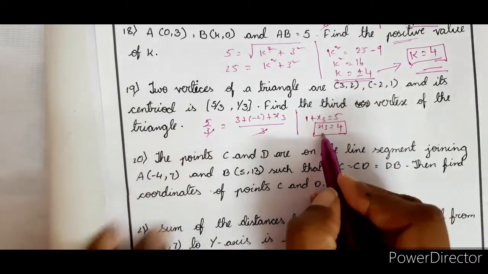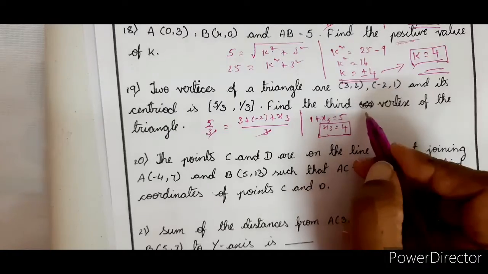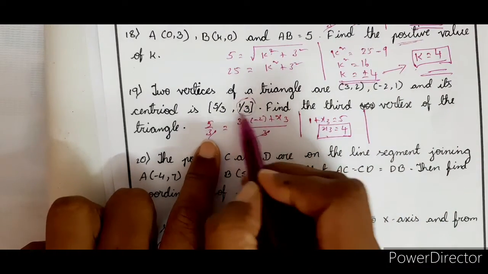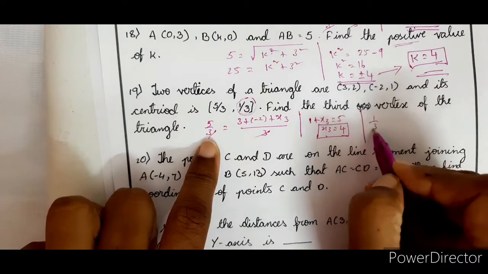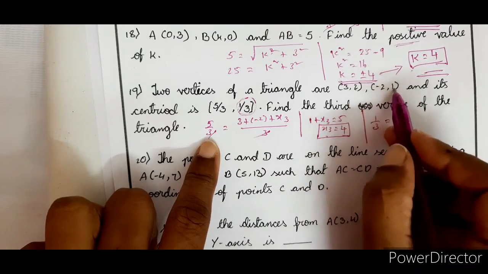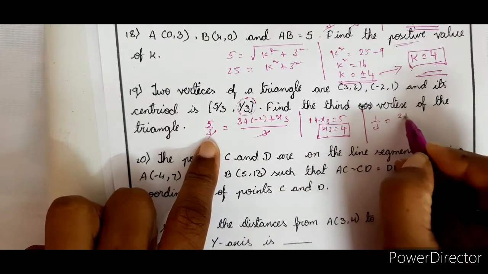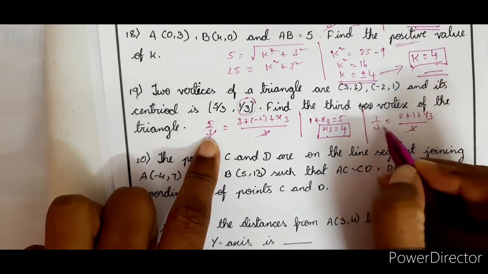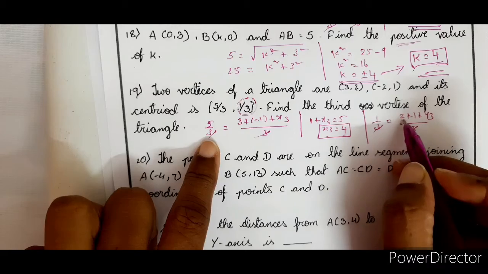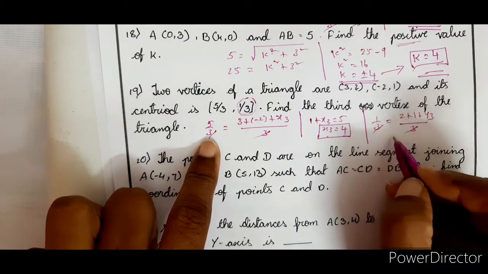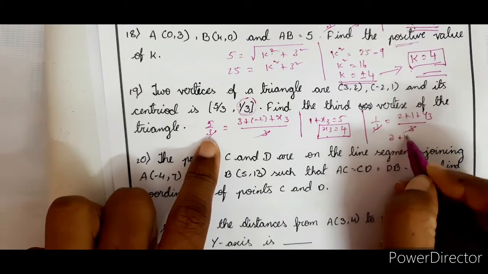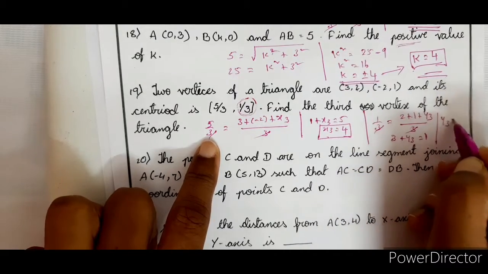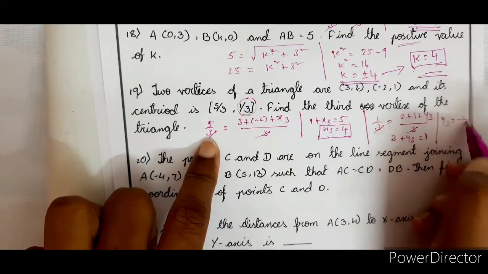So we got the value of x3. Now in a similar manner you can find out y3. Use the y coordinate here. Y coordinate 1 by 3 is equal to y1 plus y2 plus y3, that is 2 plus 1 plus y3 divided by 3. 3 will get cancelled. So now 2 plus 1 is 3, 3 plus y3 is equal to 1, or y3 is equal to 1 minus 3, which is minus 2.